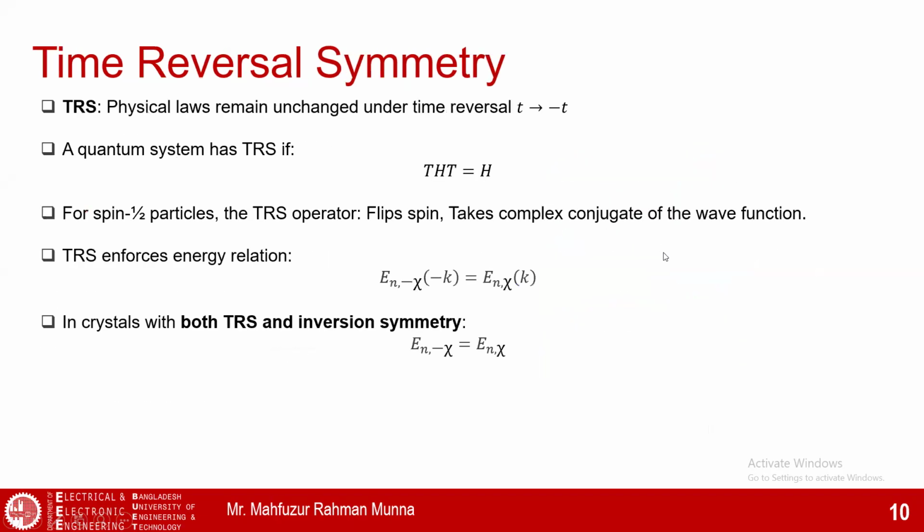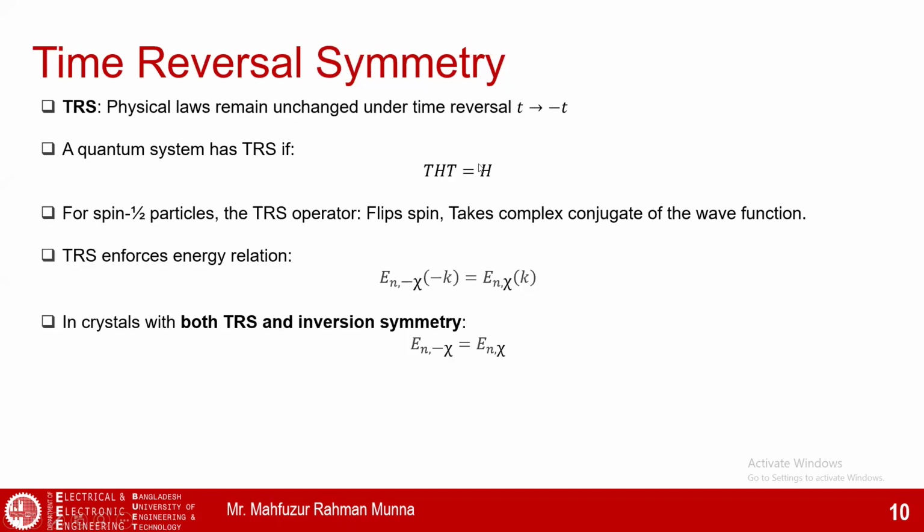And another important symmetry that will be significant in our analysis of Bismuthene nanoribbon topological insulator field effect transistor is time reversal symmetry. So we will say that a physical system is time reversal symmetric if it follows this expression. That means if we operate the time reversal operator T, the Hamiltonian of the system remains invariant.